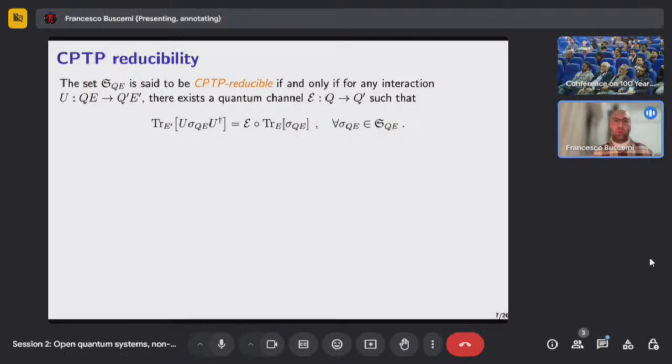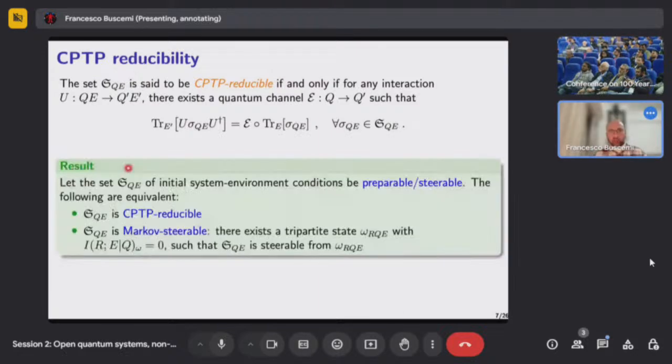And then you have this result, which starts preparing the framework for what follows. Suppose that you have an initial system environment condition that is given by a set that is preparable, or steerable, equivalently. Then the following two statements are equivalent. So this set SQE is CPTP reducible.